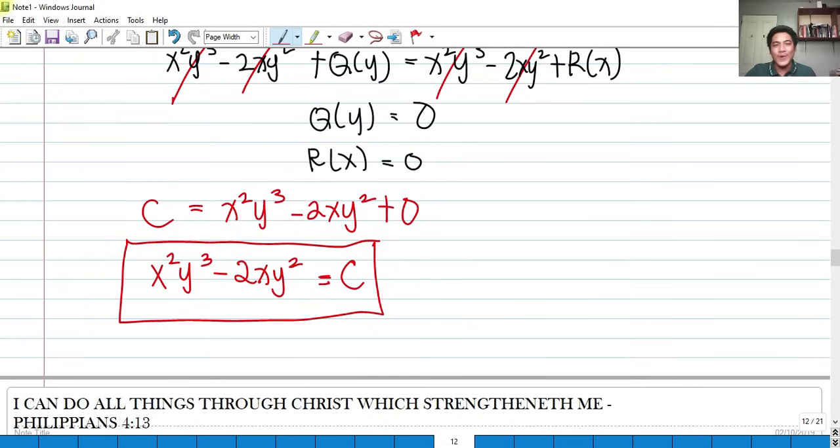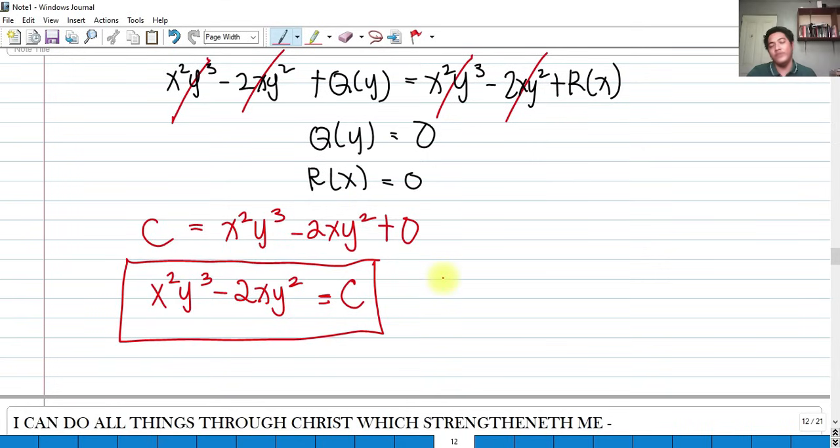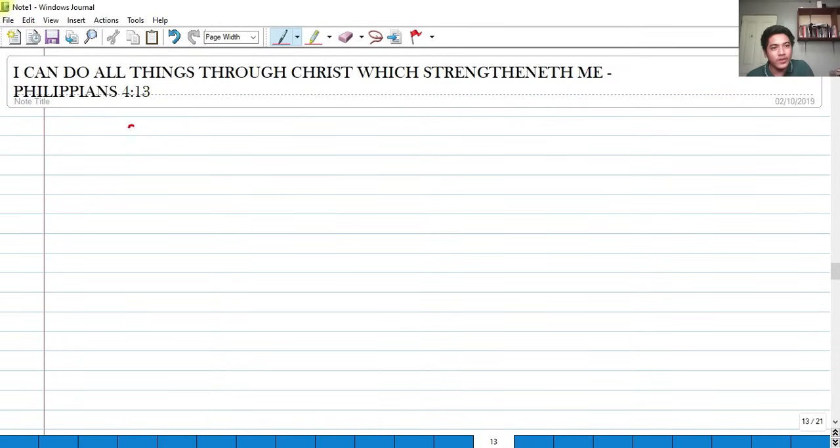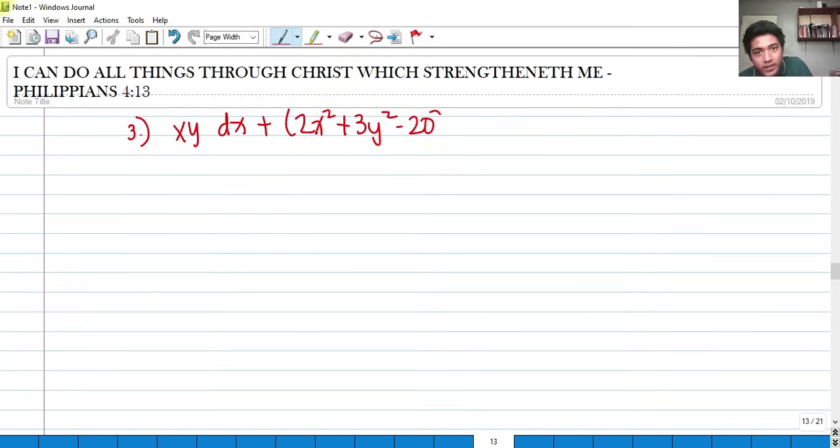So, I'll give you an exercise. If you comment down below our correct answer, I'll be checking it. Let me give you another problem. Our problem for you to answer is xy dx plus 2x squared plus 3y squared minus 20 dy equals 0.